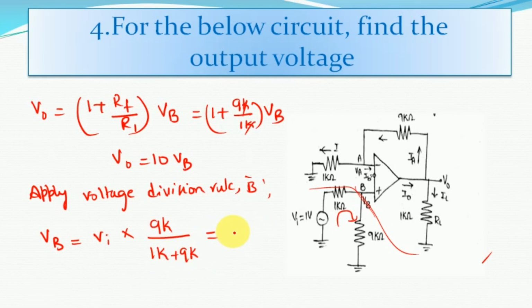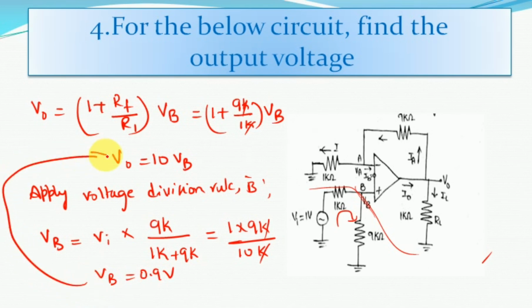So Vi is 1 volt, so 1 into 9K by total impedance 10K. K and K cancel. So finally the value of VB we are obtaining is 0.9 volts. Now simply substitute this obtained value of VB in this V0 expression. So finally we will get V0 as 10 into 0.9, which is equal to 9 volts.